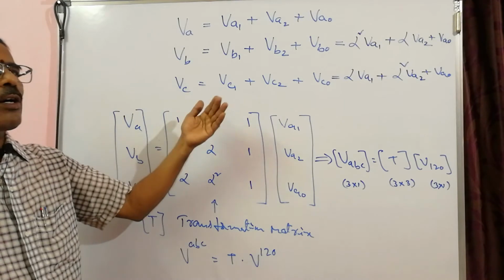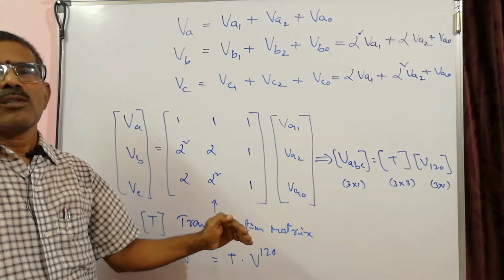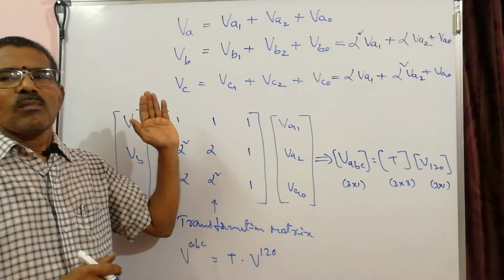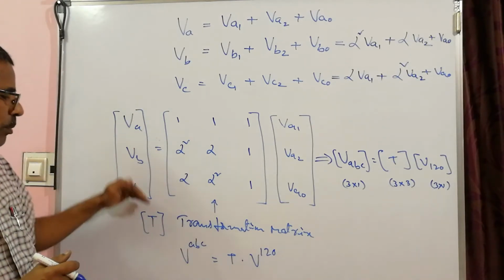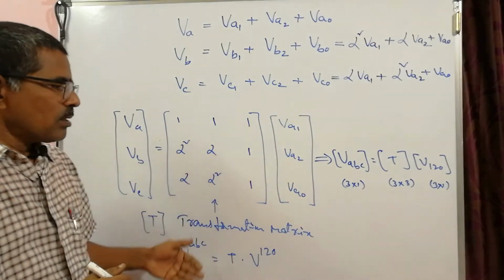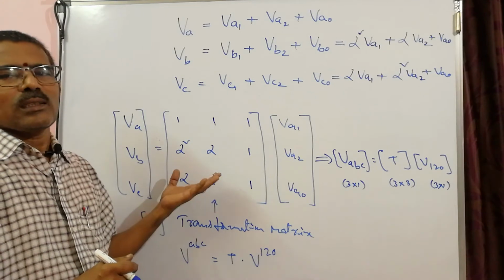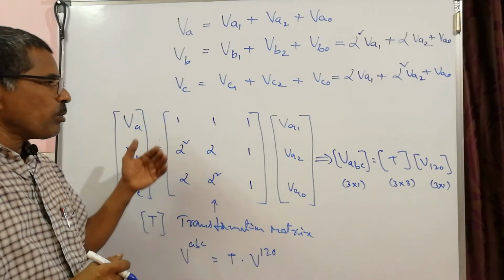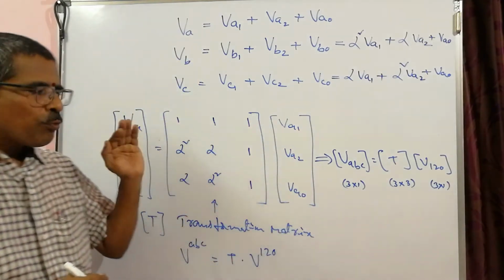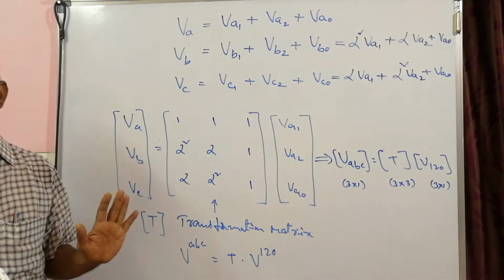In some textbooks they follow 0 sequence first, then positive sequence, then negative sequence. Okay. The rows and columns differ depending on how you take. If I write VA, VB, VC taking VA0 first, the transformation matrix changes, the structure changes. So please do remember, we are writing first positive sequence, next negative sequence, next 0 sequence. Further this structure is 1 1 1, alpha square alpha 1, alpha square 1. Okay.